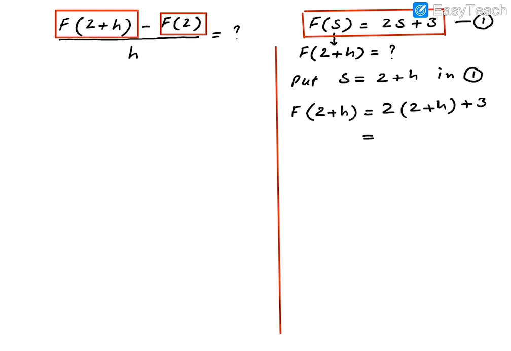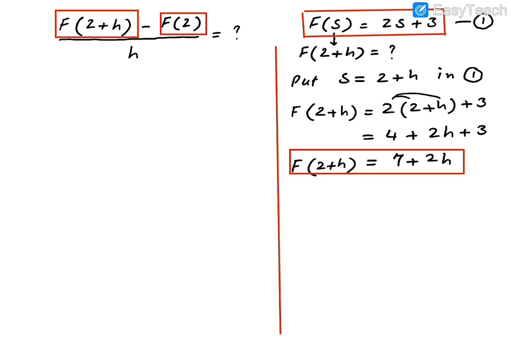So multiply this inside, and you will get 4 + 2h + 3. And 4 + 3 is 7, so 7 + 2h. This is the value of f(2 + h). You can name it as equation 2.